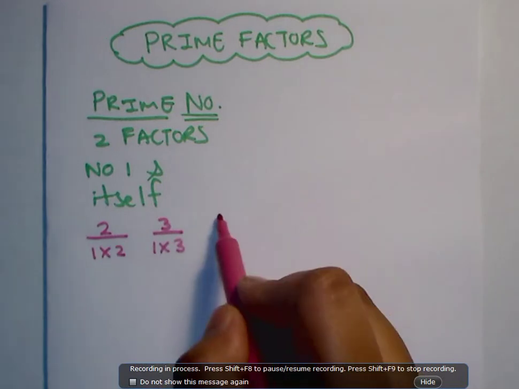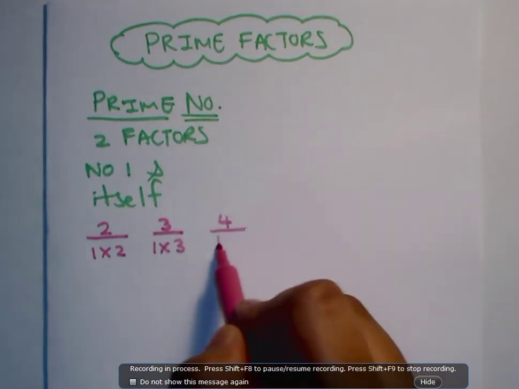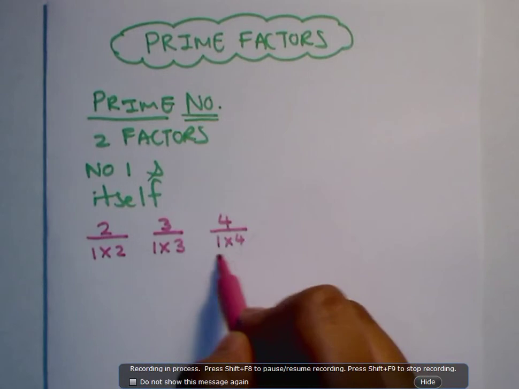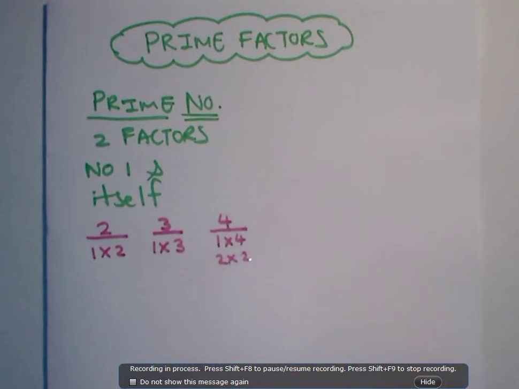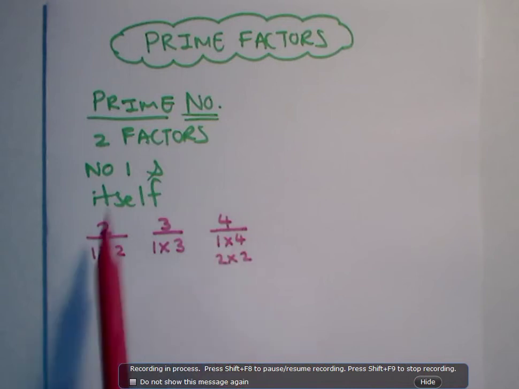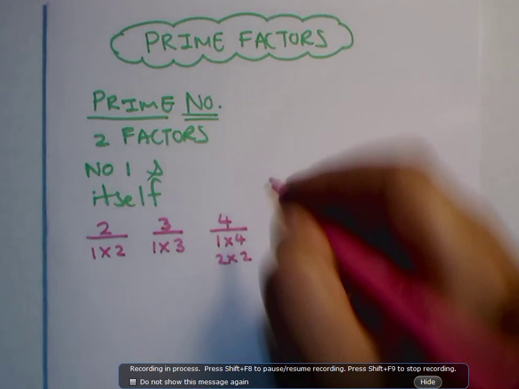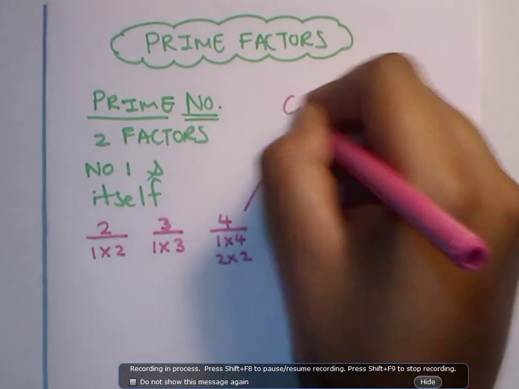Next, 4. 1 times 4, 2 times 2. Now, can you see here? This has two factors, this has two factors, but this has 3 factors. These two are called prime numbers, but this is going to be called a composite number.